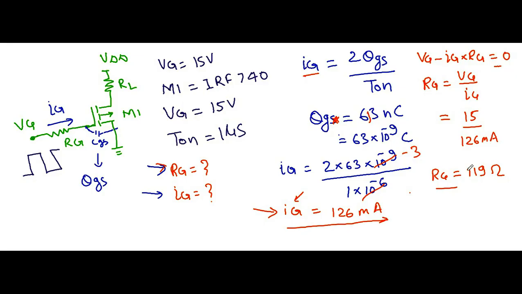RG equals VG divided by IG, and now you know your VG value and your IG value: 15 volt divided by 126 milliampere gives you 119 ohm. So I hope you have understood how to calculate the gate resistance value for your given application, for the circuit you are designing.